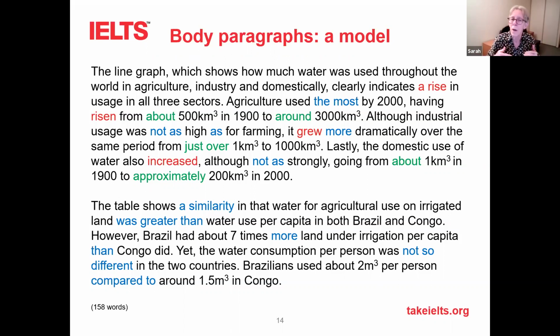So there's no mention of paragraphing in band 7 and below. So therefore, it cannot be marked for or against, if you like. However, the overview is very often just one sentence, and stylistically, a one-sentence paragraph doesn't look very good.